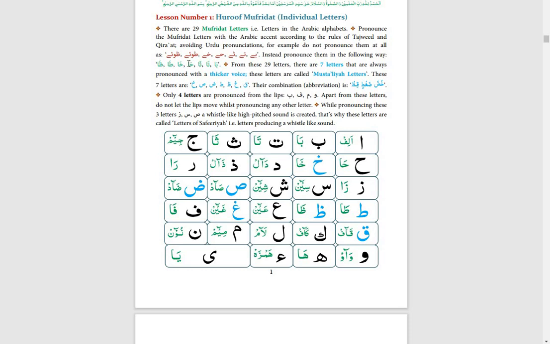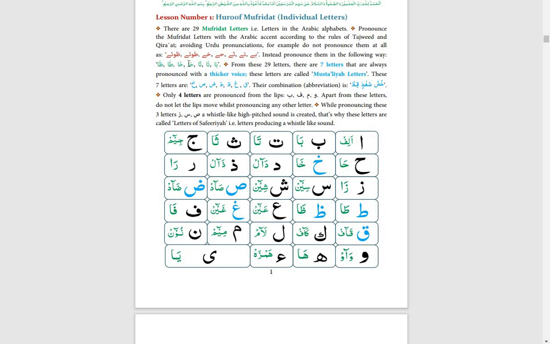While pronouncing these 3 letters, Sad, Sin, Za, a whistle-like high-pitched sound is created. That's why these letters are called letters of Safir, that is, letters producing a whistle-like sound.